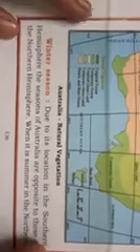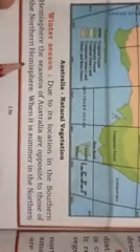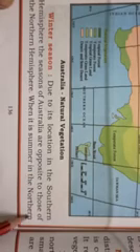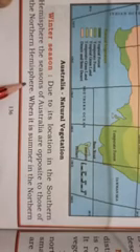Due to its location in the southern hemisphere, the seasons of Australia are opposite to those of the northern hemisphere. So when it is summer in the northern hemisphere, it is winter in Australia.